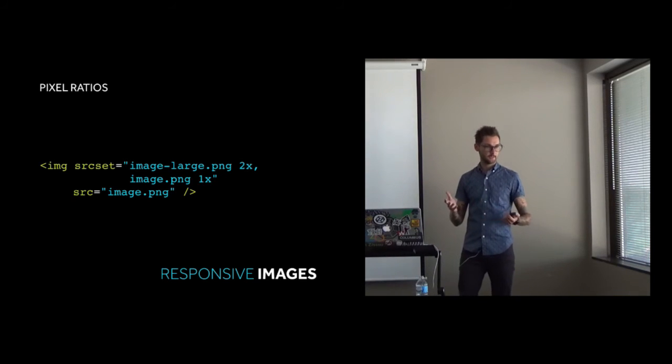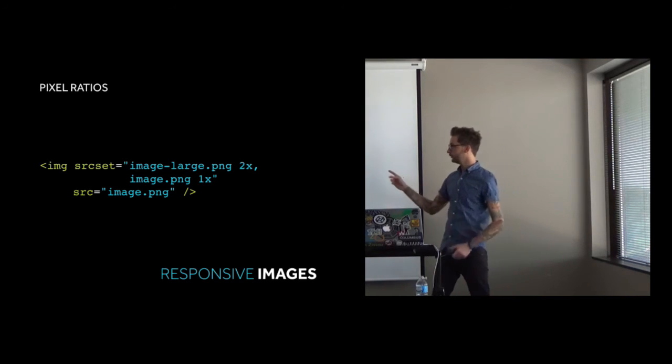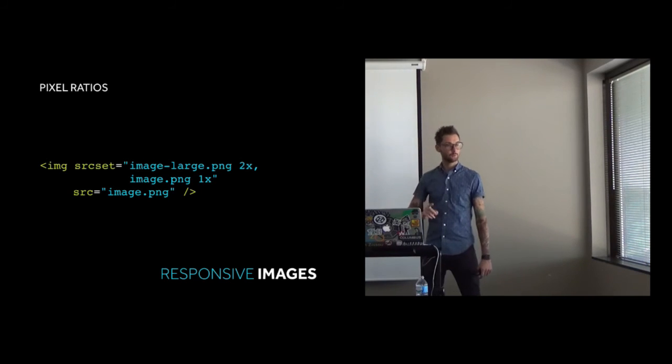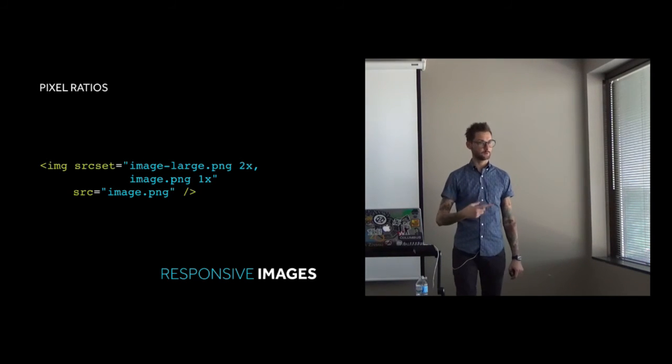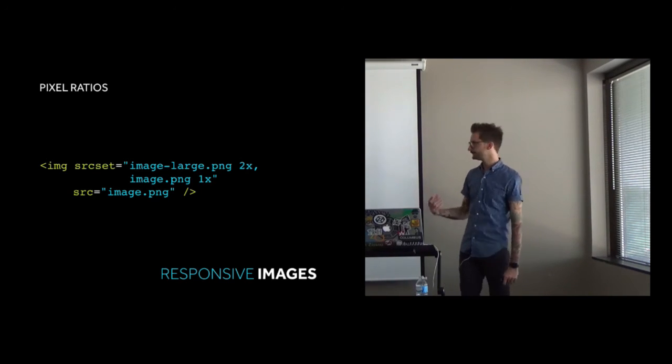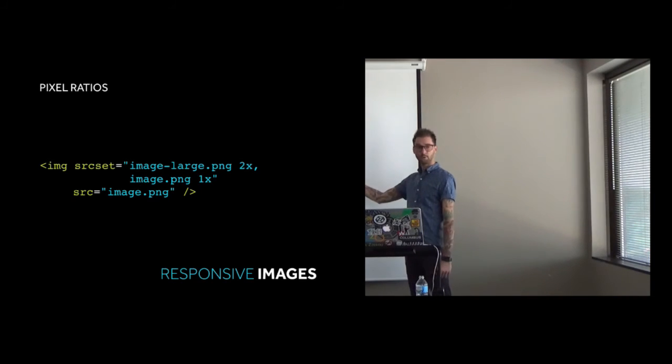So you can get the Retina image showing. And then if you want to, you can just put a 1x, or you can also do a 1.5. A lot of people just aim for 1.5 and then fall back to a default. I actually don't need to put 1x because it falls back to it. So I can just say 2x and just put image.png.